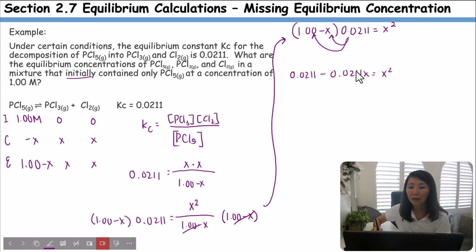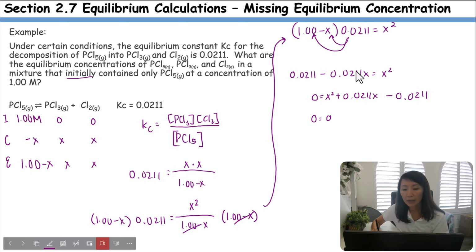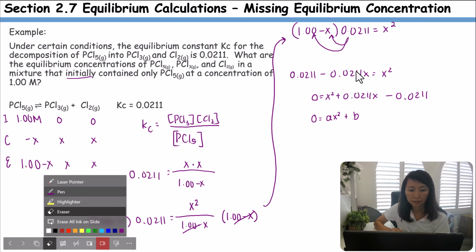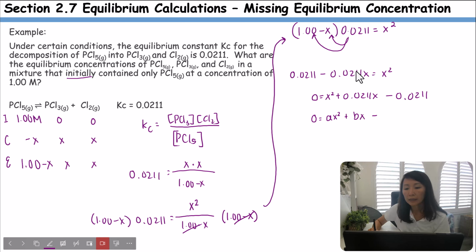So we'll have 0 is equal to x squared plus 0.0211x minus 0.0211. Now we have a setup that looks something like this: 0 equals ax squared plus bx, I apologize, plus c.